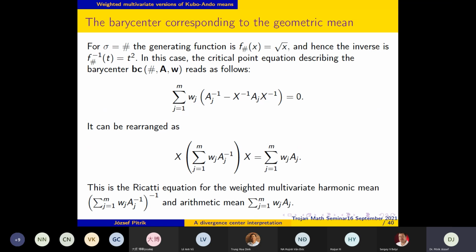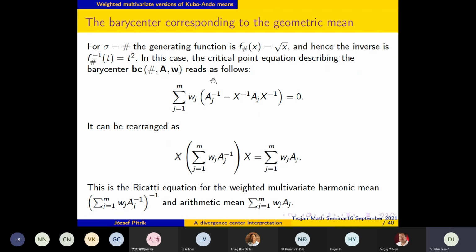Despite the complexity of the above equation, we can solve it in some special cases. For example, when sigma is the geometric mean with the representing function square root of x, we can compute its inverse function easily. It's t squared.